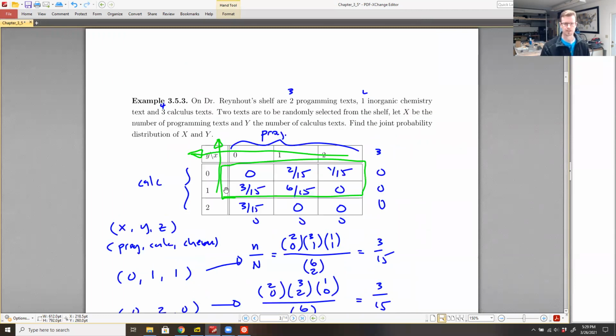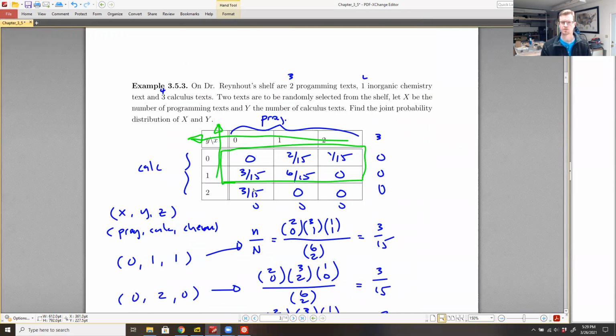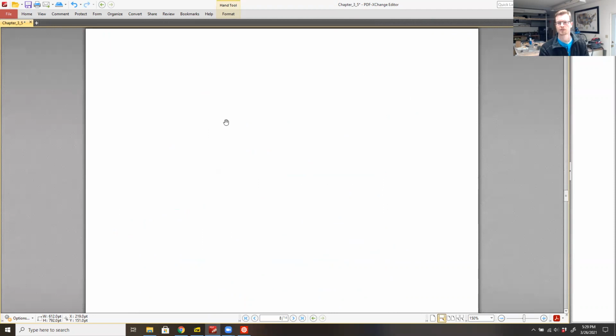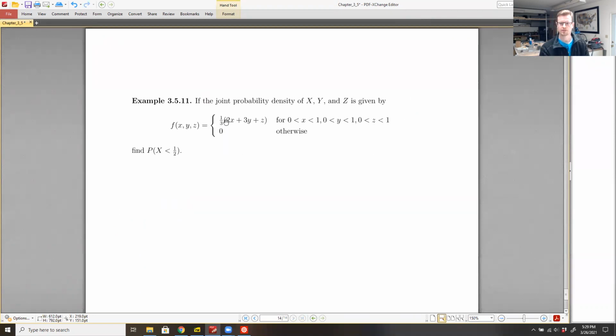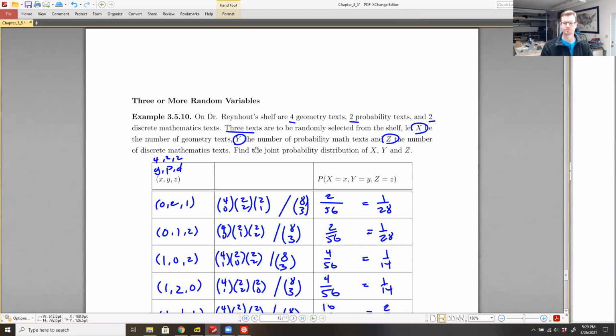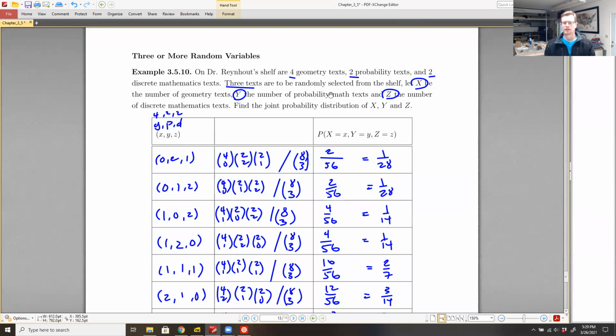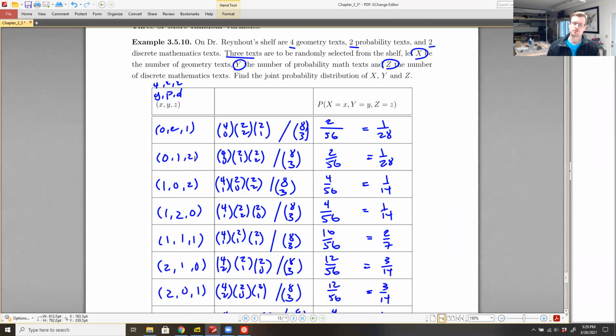So it's not a joint probability distribution like we saw here, where we had the possible values of x and the possible values of y. Because we would also have to have the possible values of z, and I can't add that on here. That doesn't make sense for us to do. So we get simply the triplets of the possibilities.